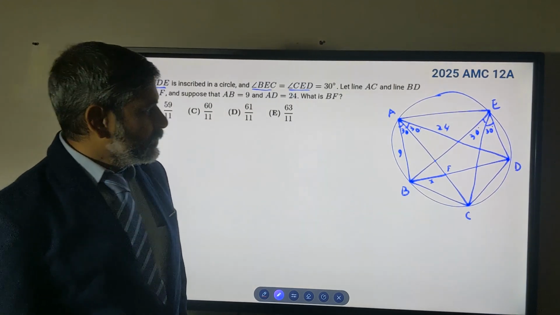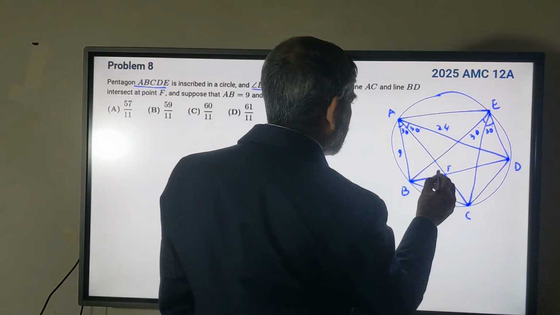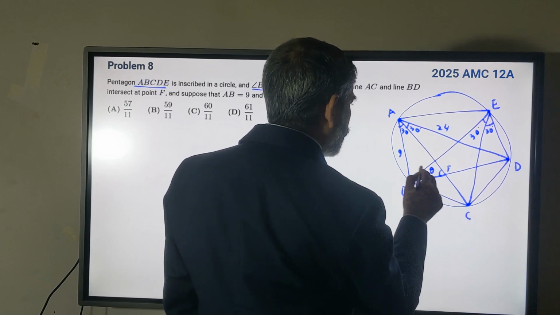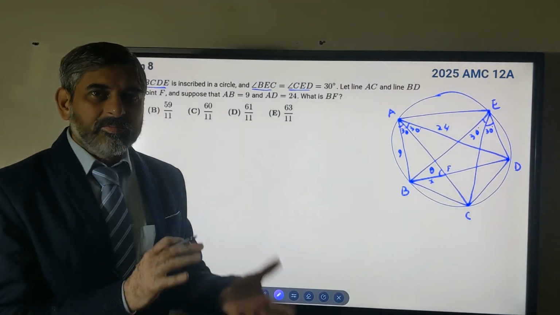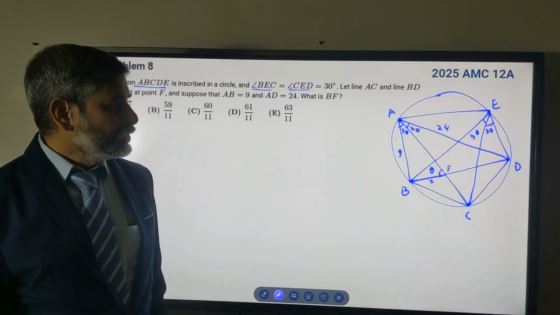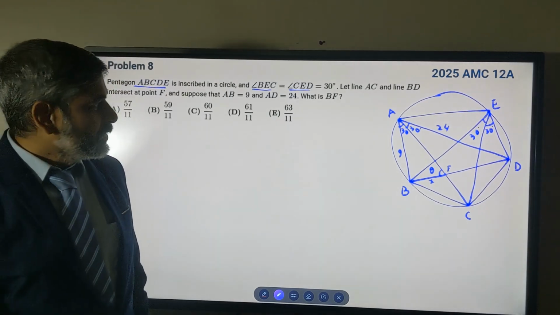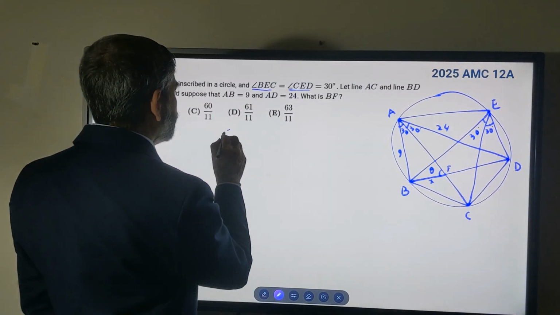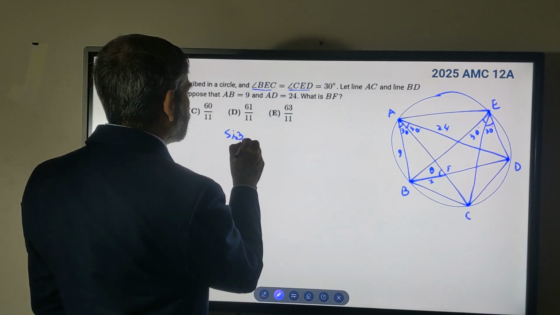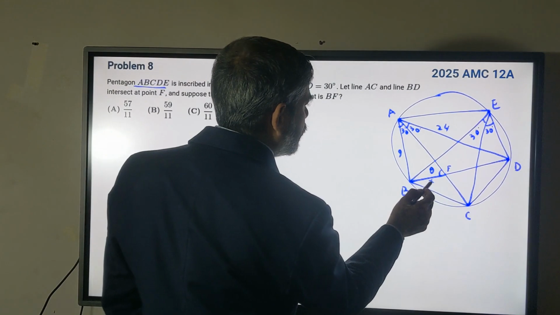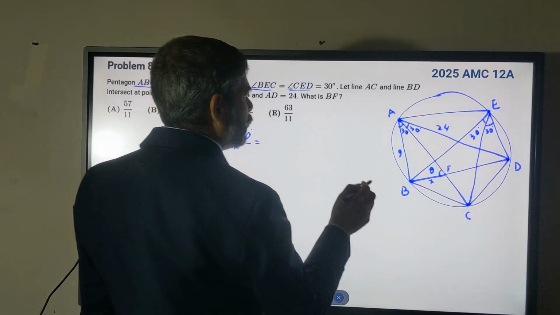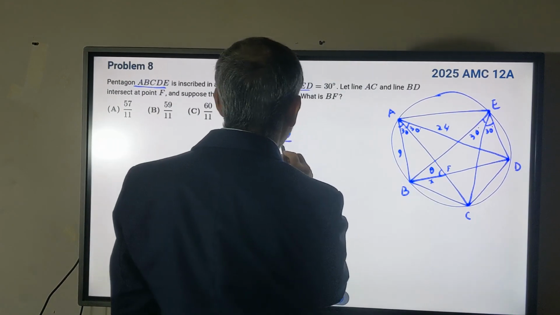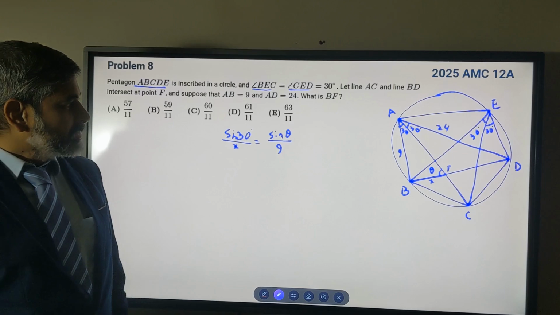Because there are two sides and one angle, and in front of this side 9, let's call the angle theta, and at this point we know that we can find some kind of interrelationship between these sides. So we have the sine formula which says that sine of this angle, sine 30 degrees, divided by this side x is equal to sine theta divided by this side 9. This is a nice sine law.